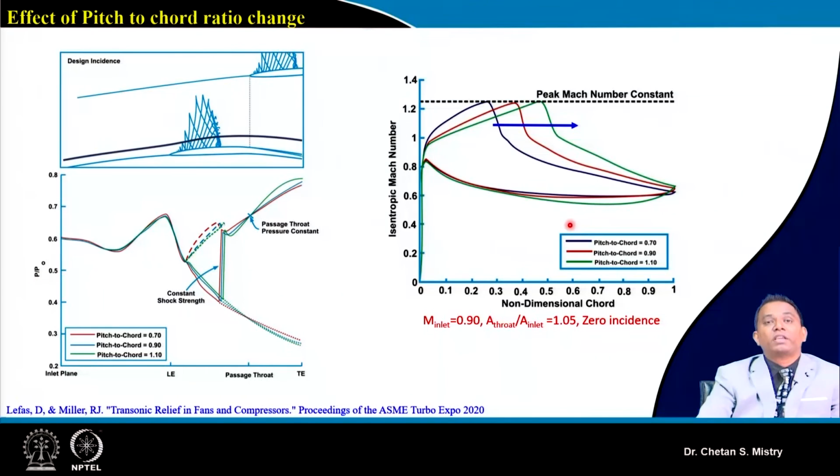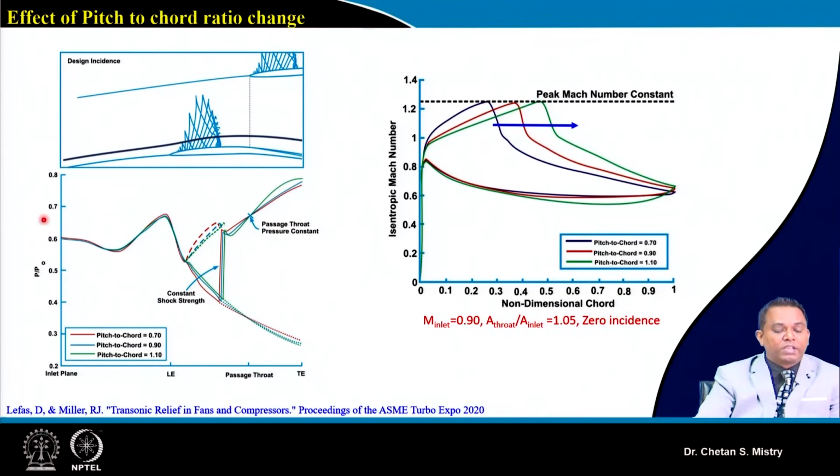Here we look at different pitch to chord ratios. Say the design pitch to chord ratio is 0.9 and we have reduced it to 0.7 and maybe 1.1. If you look at the peak Mach number, it will remain the same, only the location of my normal shock is going to change.